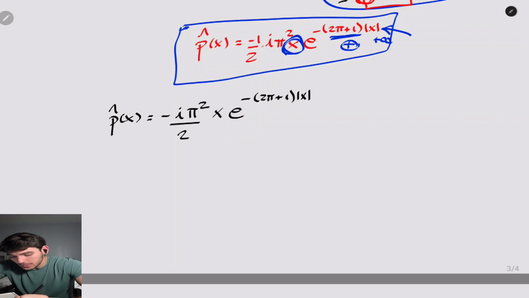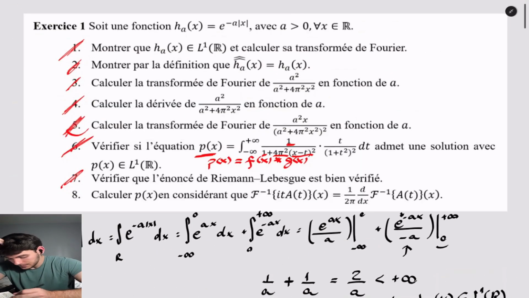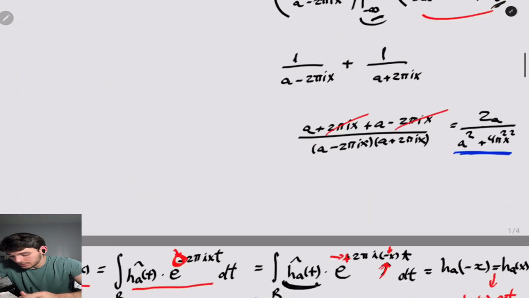Okay, so if we analyze the formula that he gave us, he said that the inversion of i times t times a hat. Okay, so let's identify that.